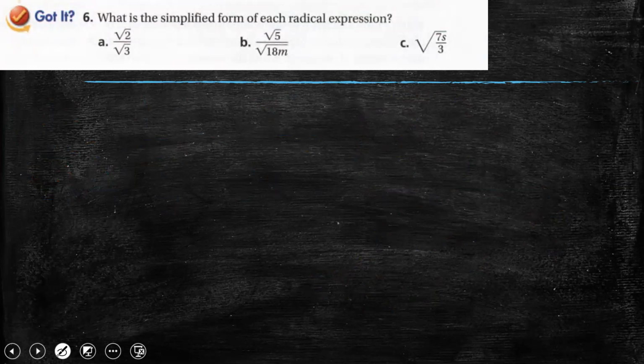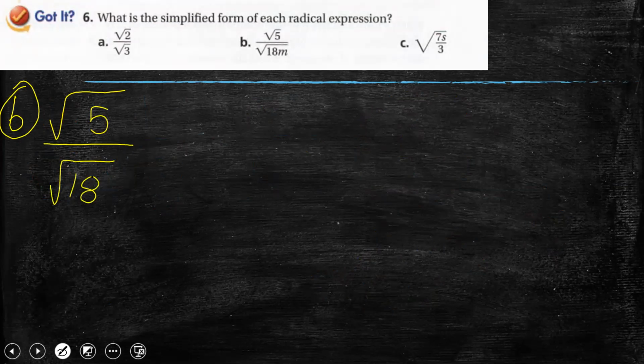Yeah, now let's do B. In B here, we have square root of 5 over square root of 18m. Now, let's have another way. Look at square root of 18m.